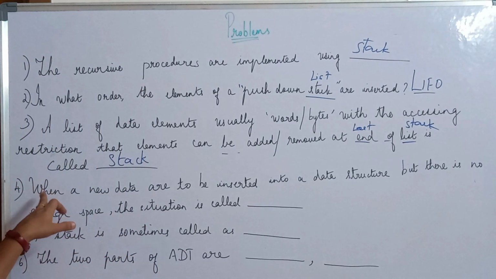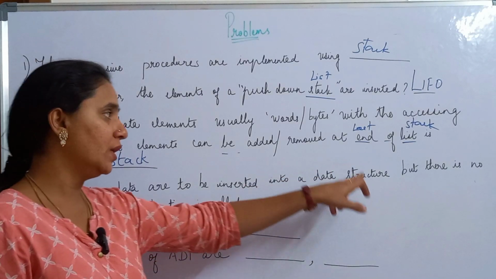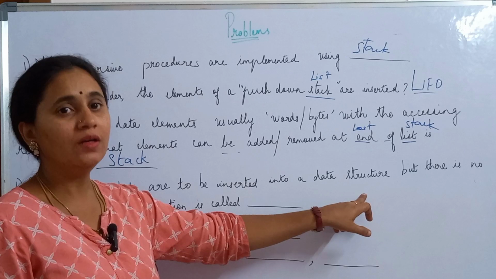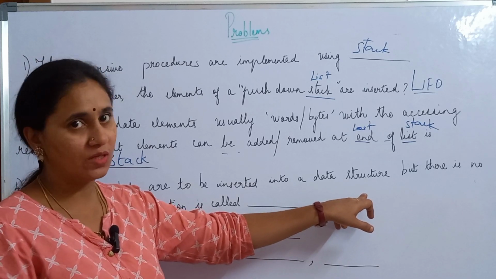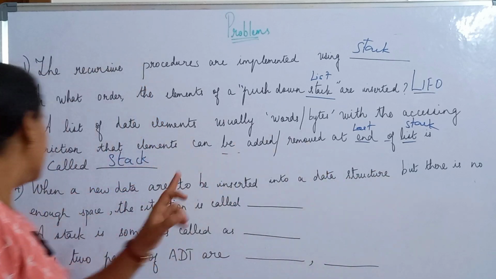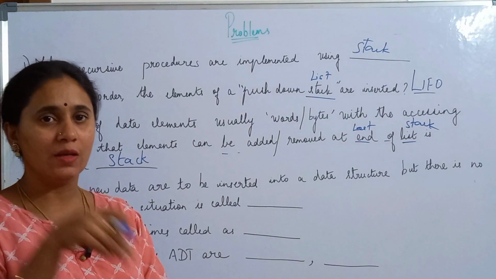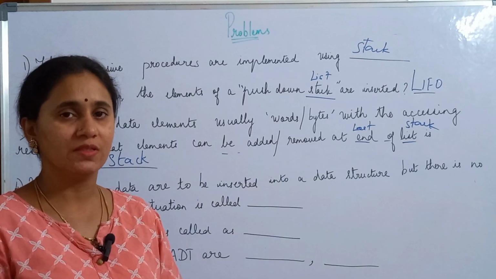Next question. When new data is to be inserted into a data structure, it may be a stack, queue, linked list or whatever it is, but there is not enough space. I'm going to enter an element into the data structure, but there is no space.